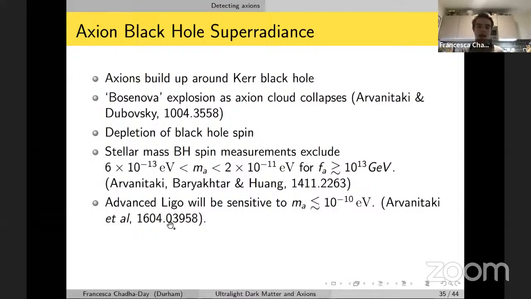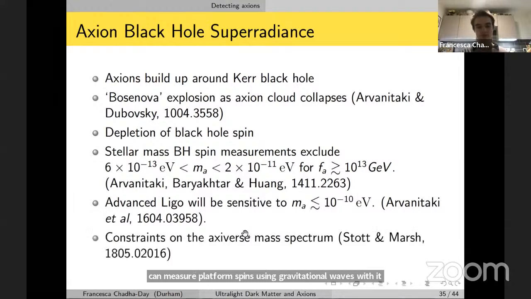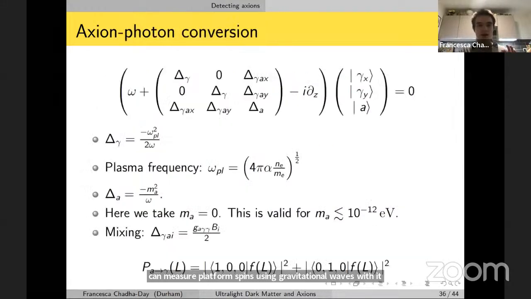And we will get even better searches for axions when we can measure black hole spins using gravitational waves with advanced LIGO. Okay, I know this has been a bit of a whistle-stop tour. We're going to review some of the constraints and ways of searching for axions at the end.